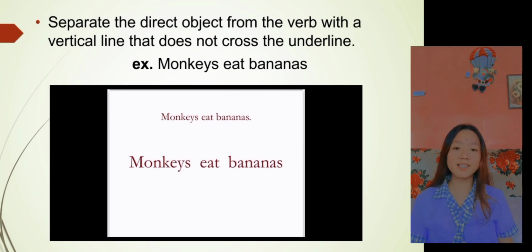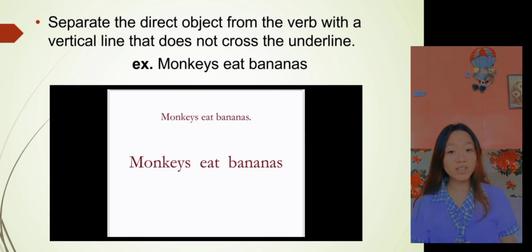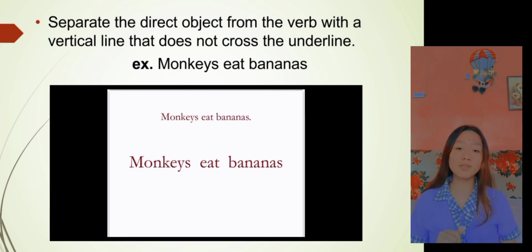Monkeys eat bananas. What happens if our sentence has a direct object? In the sentence, monkeys eat bananas, we ask the question, what do monkeys eat? Since we answered that question with bananas, our direct object here is bananas.